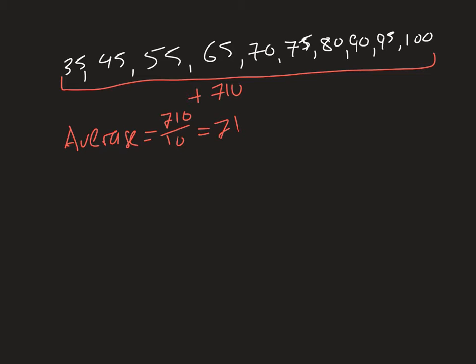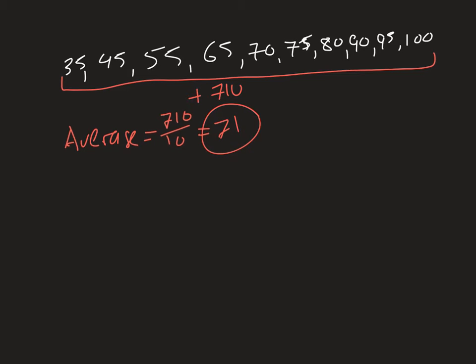If there's a cluster up high or below, it might skew the average one way or the other. So it's a statistical measure of center. In this case, on average, this group scored a 71%. And it's useful because we can use this one number, the 71, to compare this class to, say, other classes.